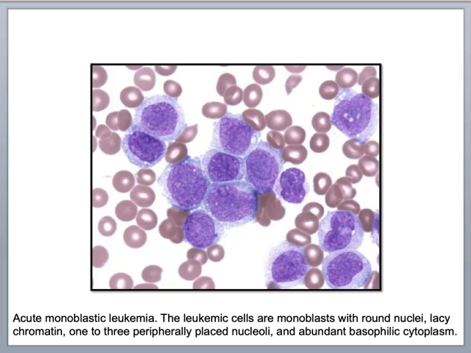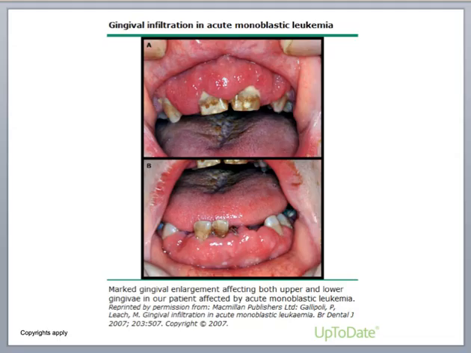Usually there are some small peripherally placed nucleoli, and the cytoplasm is more abundant and frequently shows these small vacuoles, just like normal monocytes and macrophages do. Again, one of the key clinical findings in acute monoblastic leukemia is marked gingival enlargement, which results from leukemic infiltration of the gums.